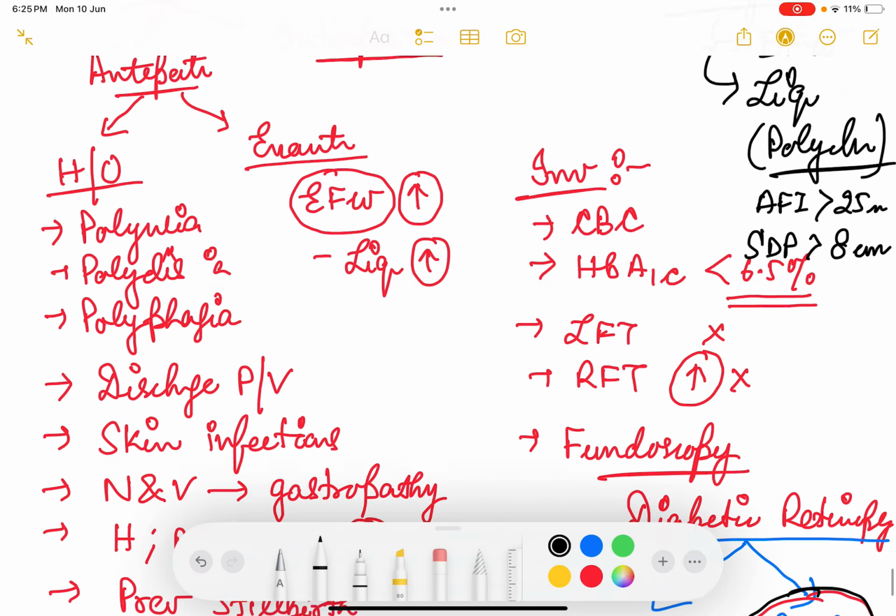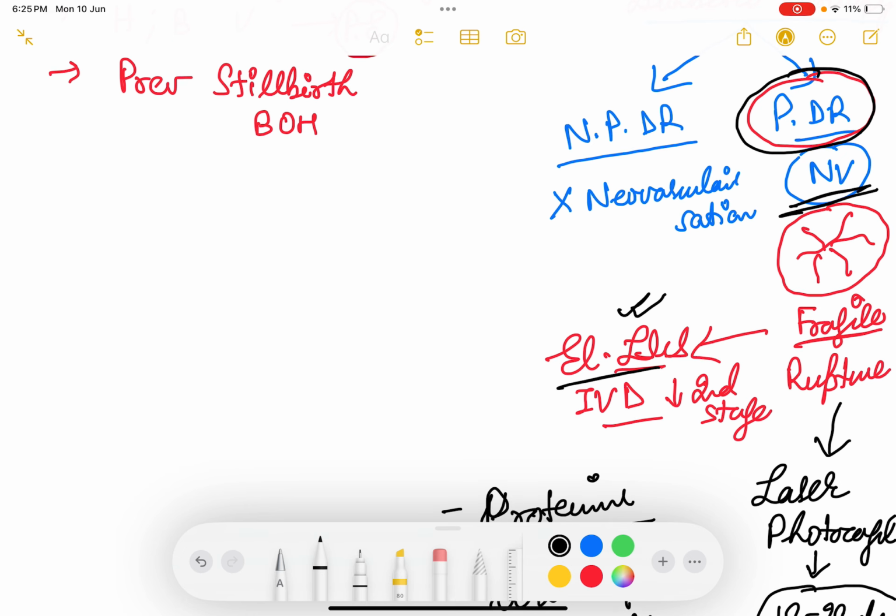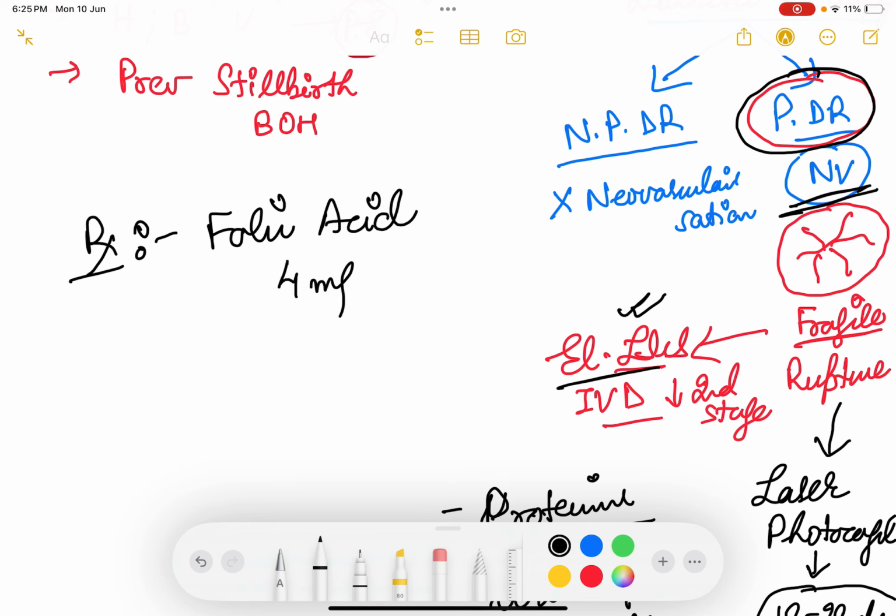Okay, so for diabetic mothers, all who are diabetic, you have to start folic acid in very high doses. Folic acid has to be started in the first trimester itself. If the woman is pre-diabetic or overt diabetic, then start 4 milligrams of folic acid prophylactically to prevent neural tube defect.